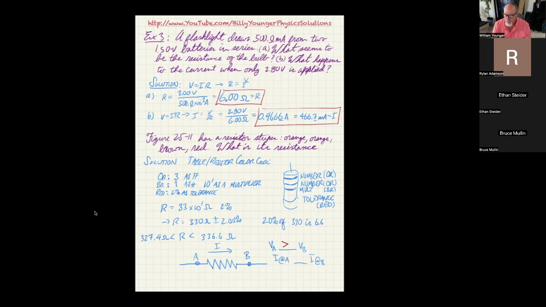So everyone that goes through A has got to go through that resistor R, and it's got to go through that point B. So in this case, the currents are equal. Okay, so that's just another conceptual question to make sure we're all on the same page.